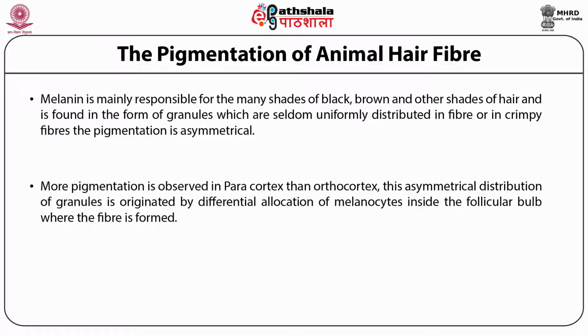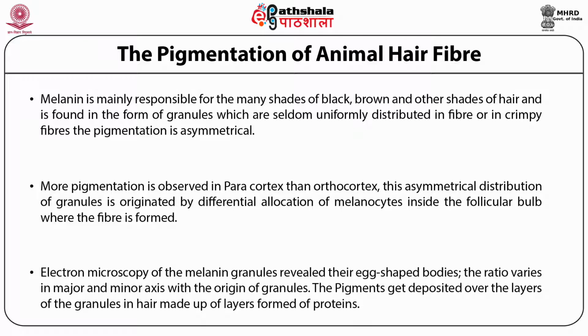Electron microscopy of the melanin granules revealed their egg-shaped bodies. The ratio varies in major and minor axis with the origin of granules. The pigments get deposited over the layers of the granules in hair made up of layers formed of proteins.